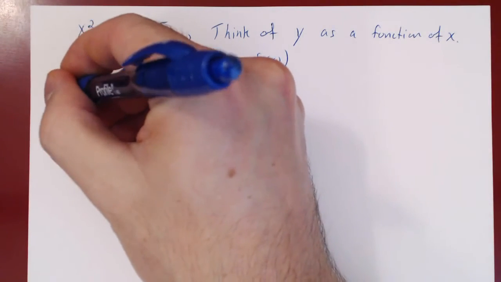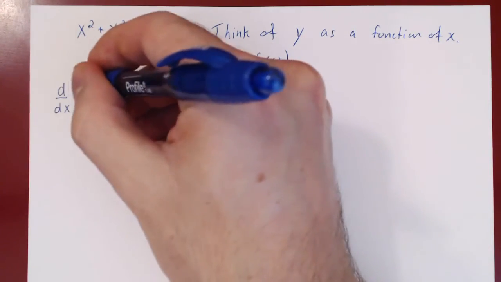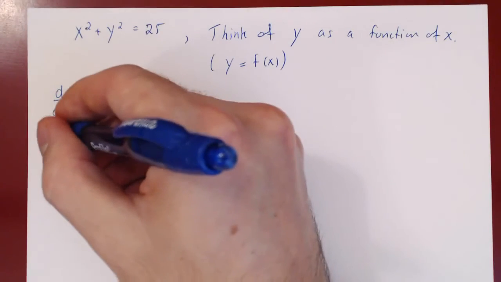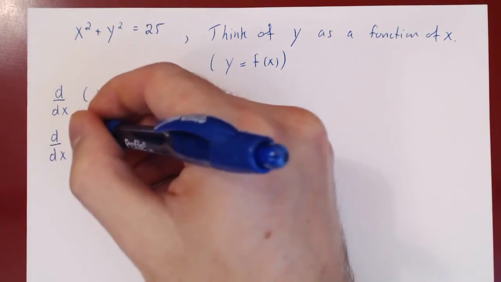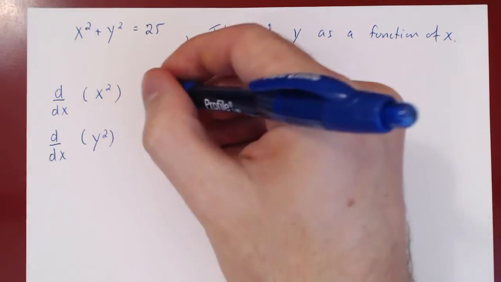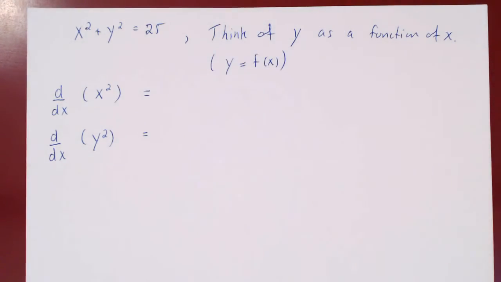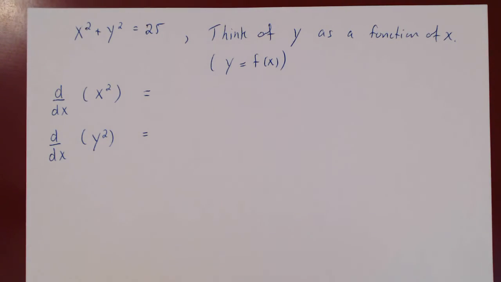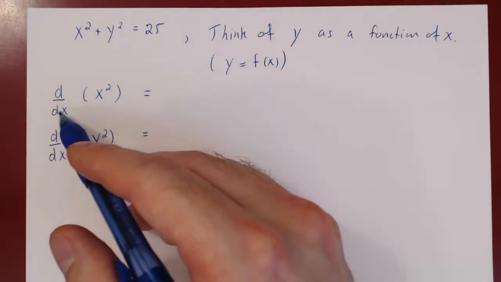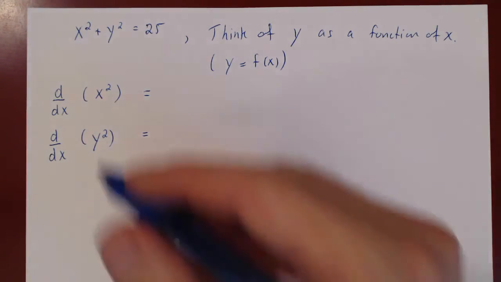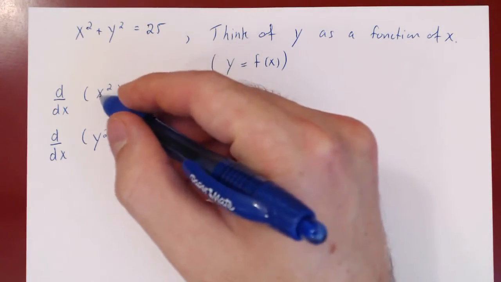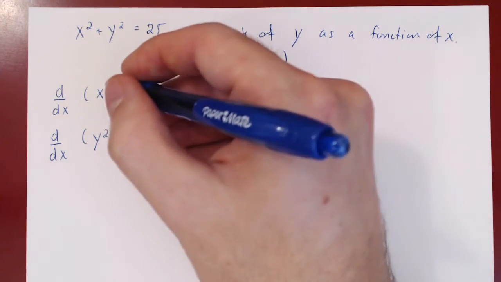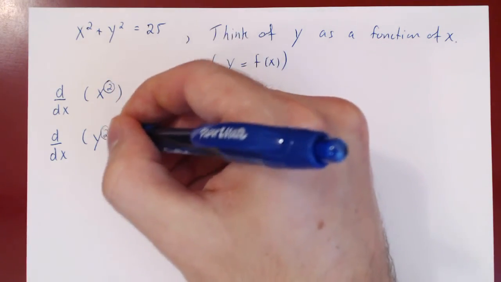If I ask you the derivative with respect to x of x squared and the derivative with respect to x of y squared, let's go over both very slowly, thinking of the chain rule and thinking that we differentiate with respect to x. So in both cases, we have x squared, y squared, so the outside function is the power 2.